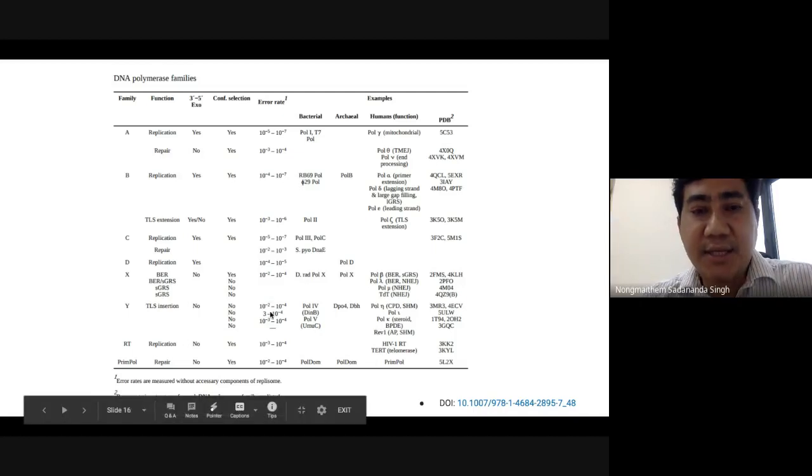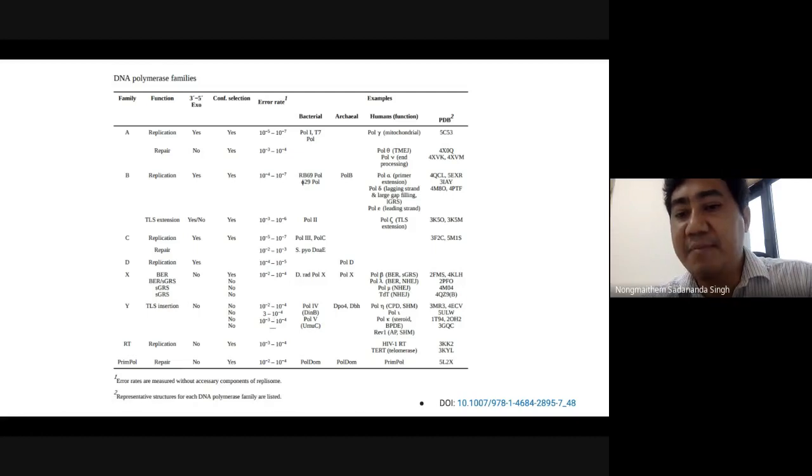And this finding from the bacteria, the SOS response, is very much applicable in higher eukaryotes, including humans. If you look at it, Pol eta, kappa, all these are involved in translesion synthesis in humans as well. So this SOS response pathway is very conserved. You can see even in archaea, in eukaryotes, in bacteria, all three kingdoms of life are equipped with this SOS response.